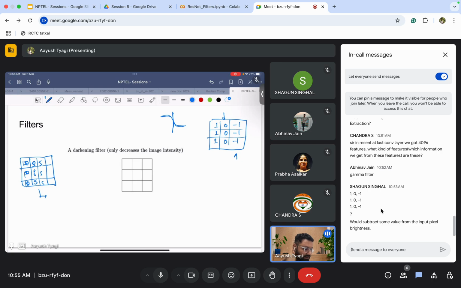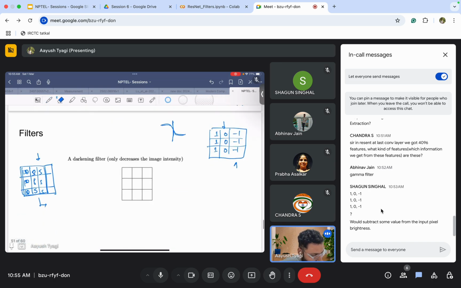So what it is doing is kind of averaging, but also some sort of subtraction is happening. When you convolve this, let me write it very cleanly.